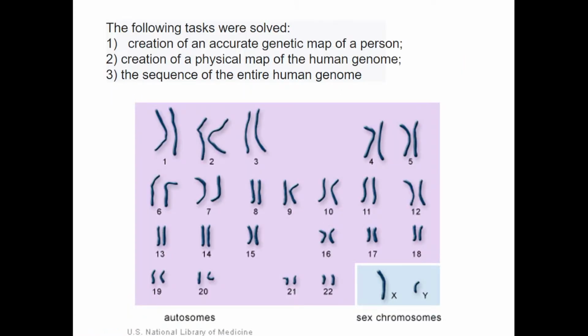And the whole genome is associated in pieces of DNA which are called chromosomes. Chromosomes are 22 pairs of autosomes and 2 sex chromosomes, X and Y for male and X X for female, you know it very well, I hope.